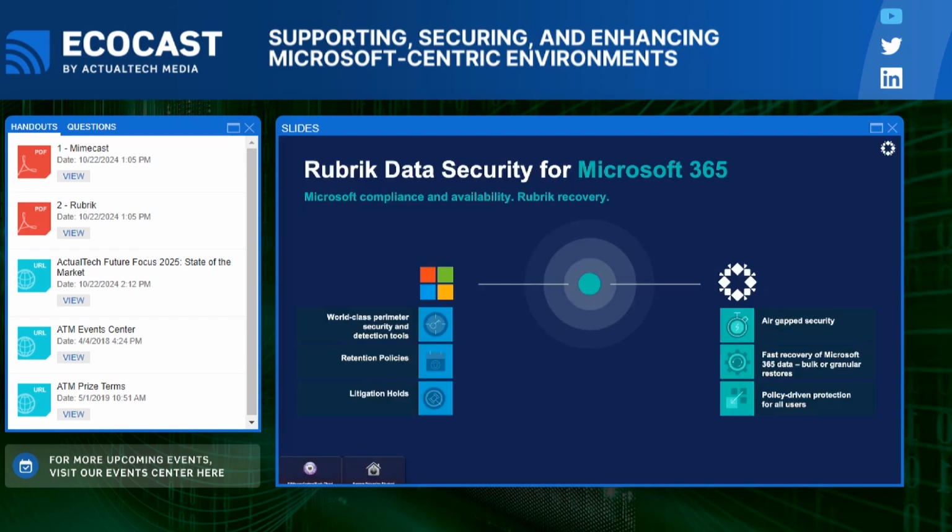Because while Microsoft offers tools to help you control access to keep attackers out, compliance tools, again, to help you schedule deletions so you don't keep data longer than you need to, and classification and search tools to help you comply with certain regulations and e-discovery.